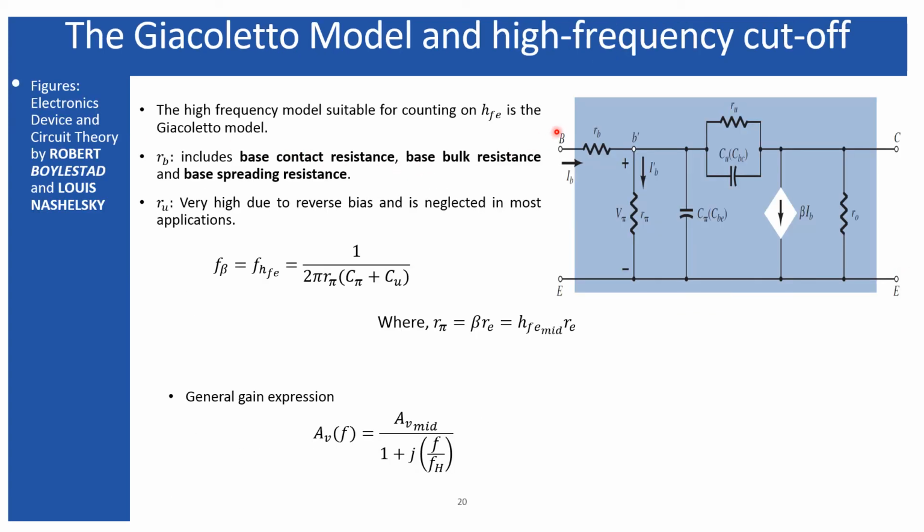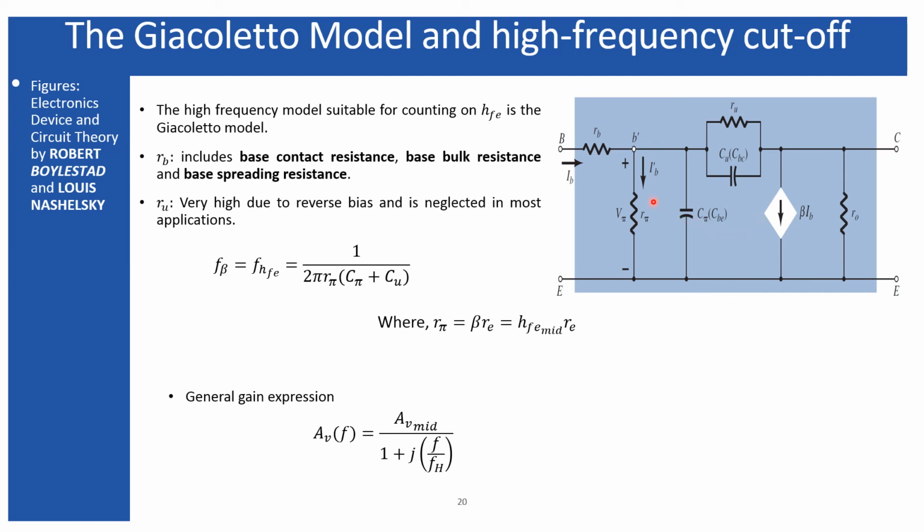The model appropriate for the high frequency response, and particularly to figure out the cutoff frequency associated with the HFE, is shown here, and this model is called the Giacoletto model or hybrid pi model, which is applicable for the high frequency response of the bipolar junction transistor.